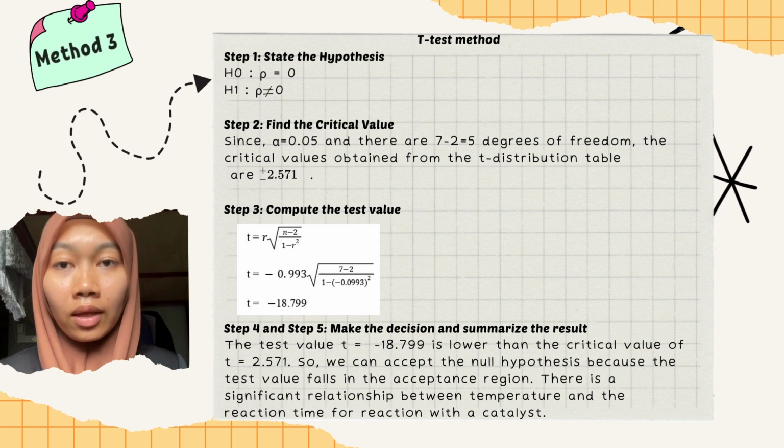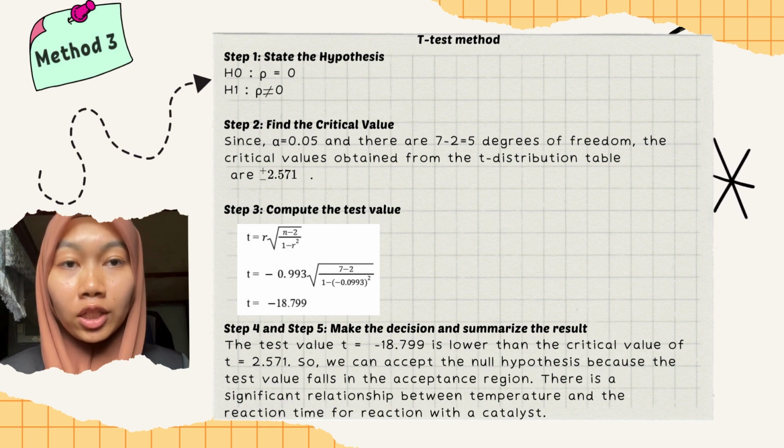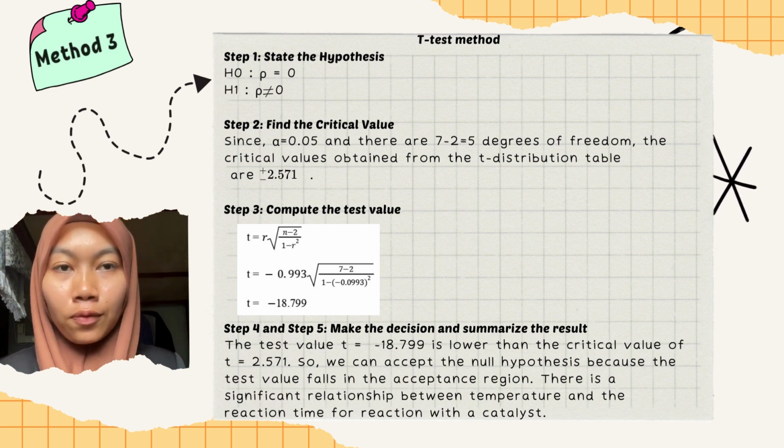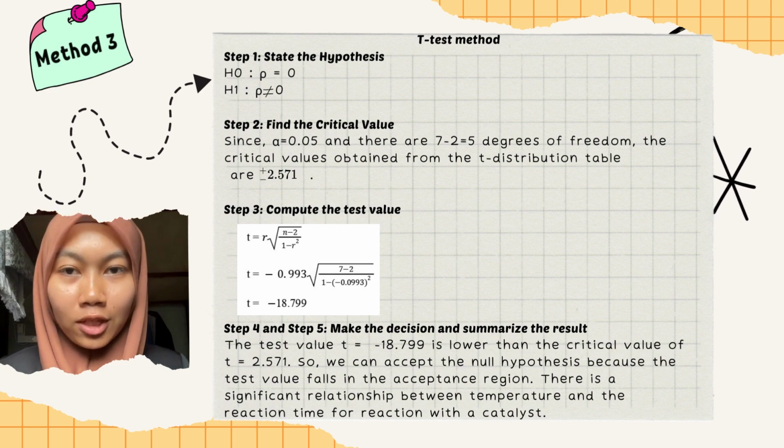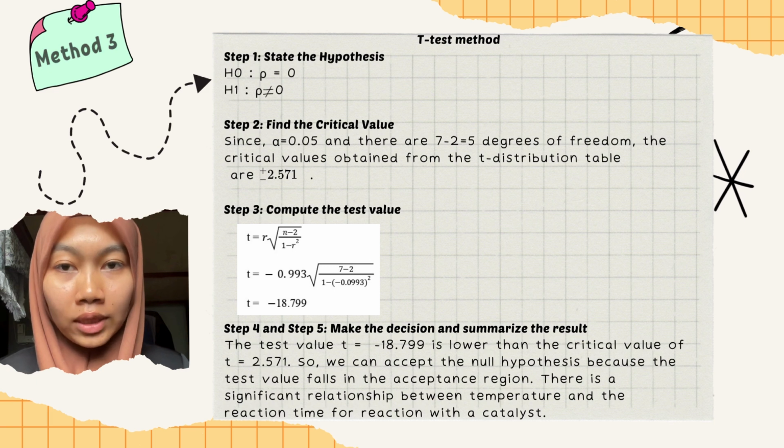So for the next, the sample correlation coefficient r can be used as an estimator of the population correlation coefficient rho using the hypothesis testing procedure. We decide to test the significance of the correlation coefficient at alpha equal to 0.05 using the t-test method. So the first step, state the hypothesis.